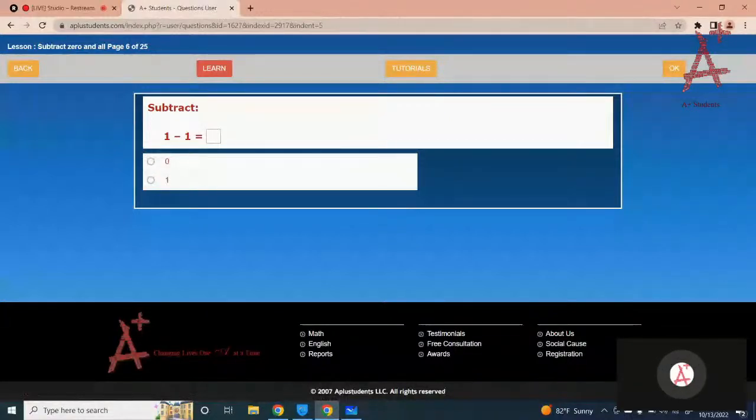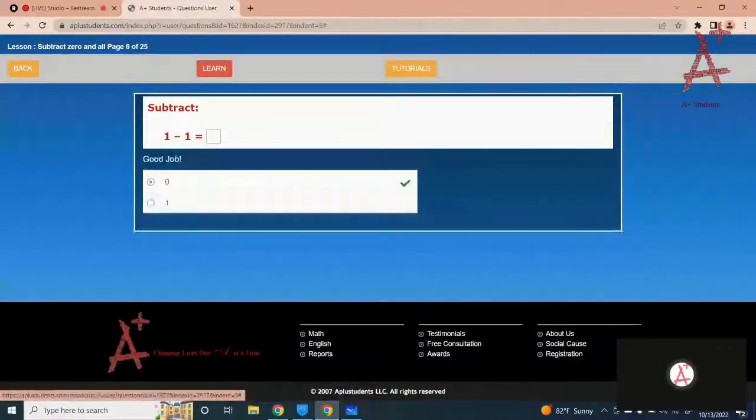Okay, subtract 1 minus 1. Again, you are subtracting a number from itself. So when you subtract a number from itself, the answer is, yes, it is 0. Select the correct option and click on the OK button.